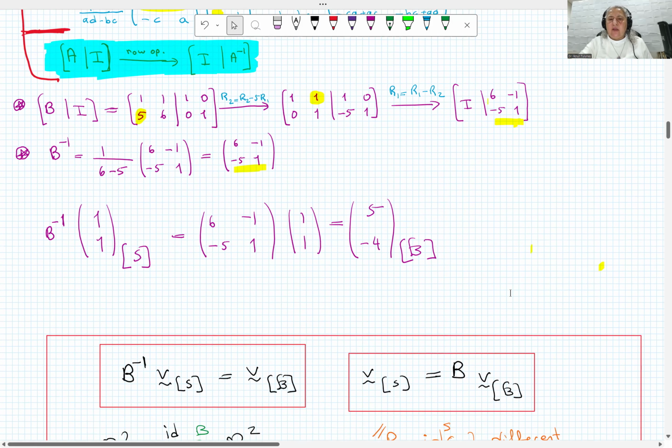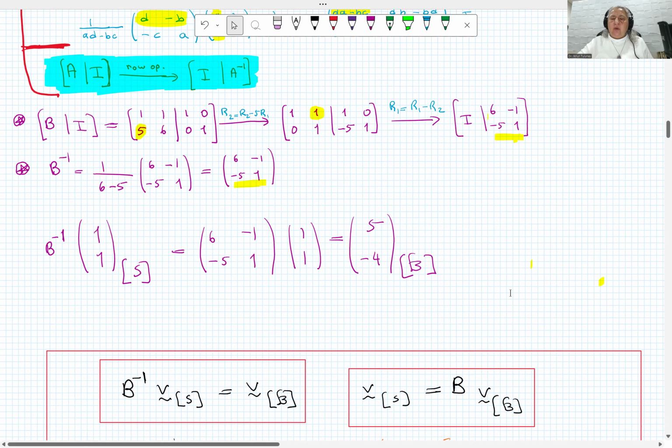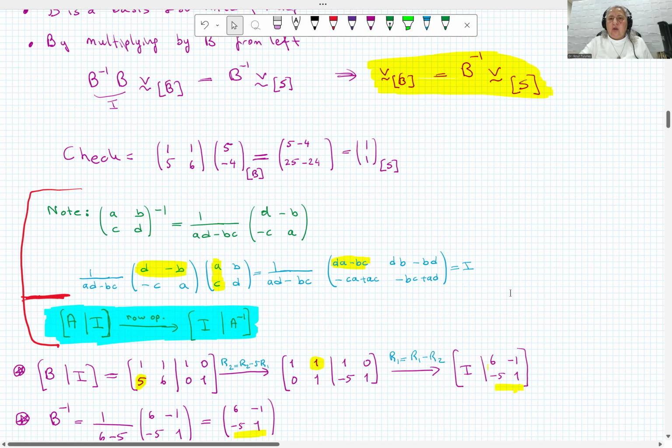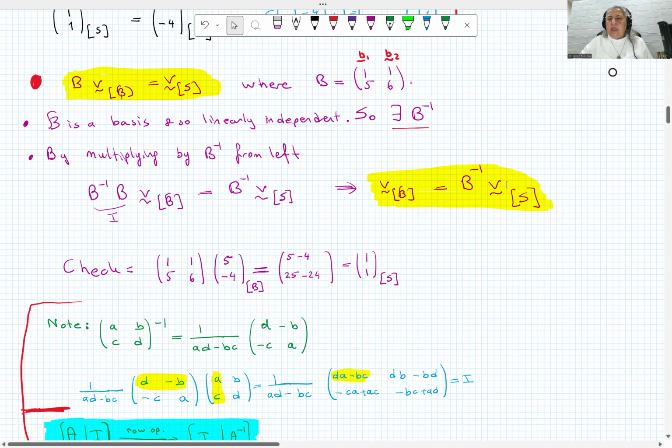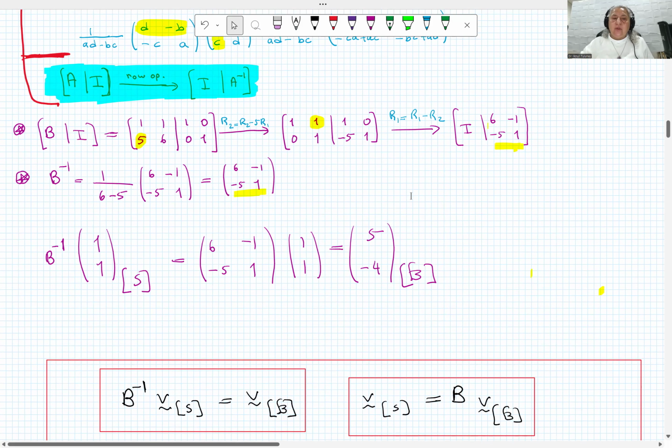You can see that is an inverse. So what we found in terms of a basis is that if you multiply B inverse with the coordinate vector with respect to S, you will find the coordinate vector with respect to B. That's what I'm doing here.